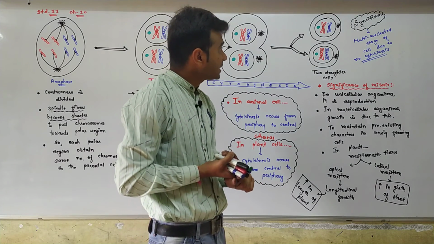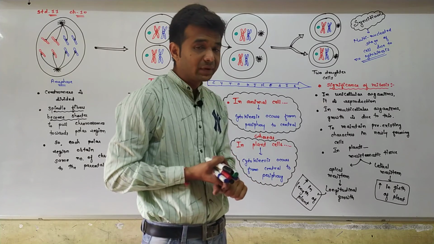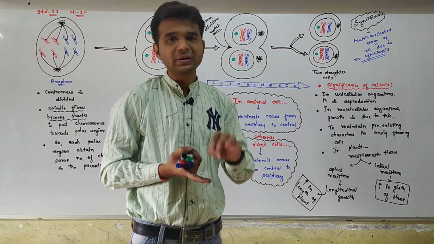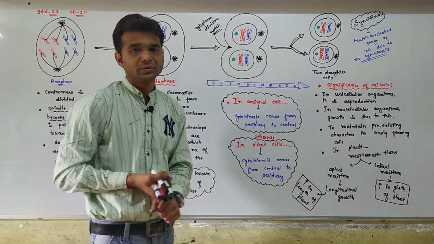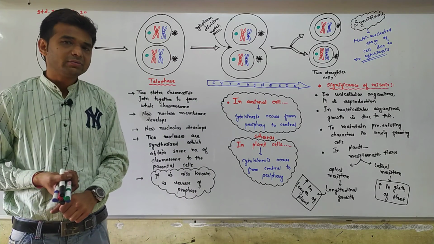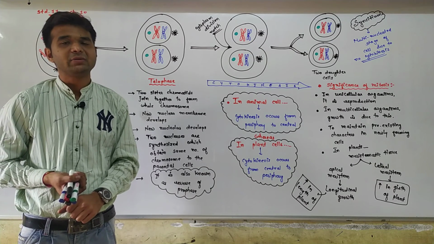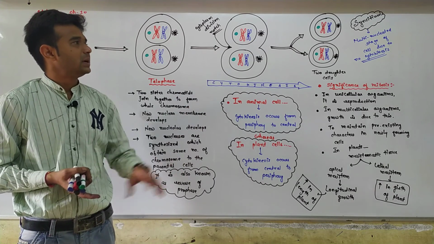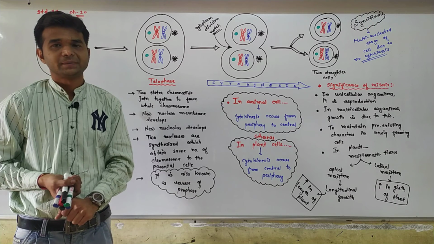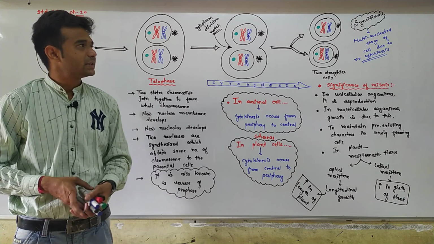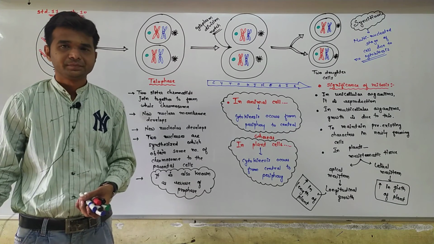Okay, but sometimes after karyokinesis, cytokinesis cannot occur. So continuous karyokinesis leads to a multinucleated stage in the cell. This is known as syncytium.